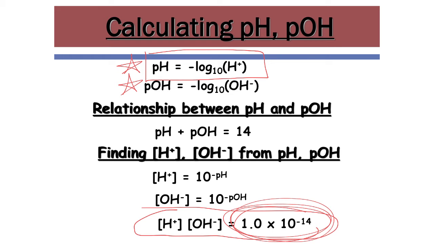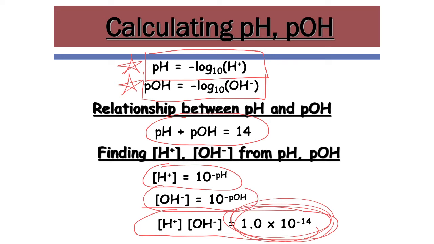If we have the hydroxide concentration, we can calculate what's called the pOH. And since everything is based upon 14, since our ionization constant for water is 1 times 10 to the negative 14th, pH plus pOH equals 14. And if you know the pH, you can find the hydrogen ion concentration, and if you have the pOH, you can find the hydroxide.